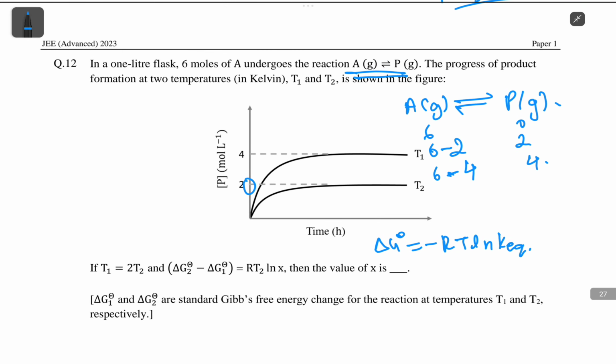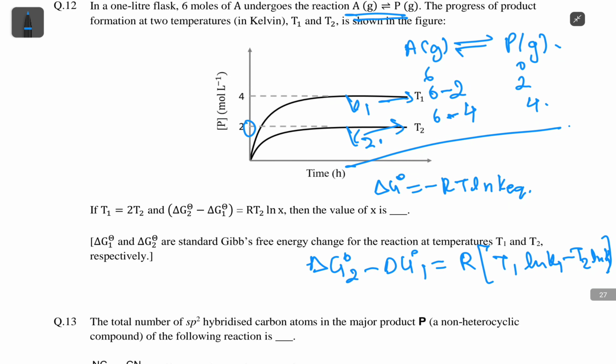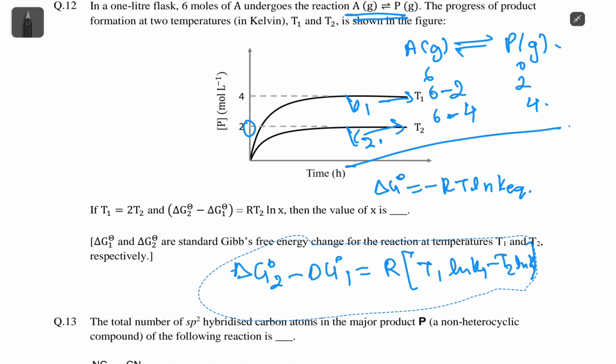So when you find the K equilibrium, you can find the K equilibrium 1 and K equilibrium 2 from both these equations, and then you can just find delta G naught 2 minus delta G naught 1 is R T1 ln K1 minus T2 ln K2. And once you do that, I think it's pretty obvious by now.